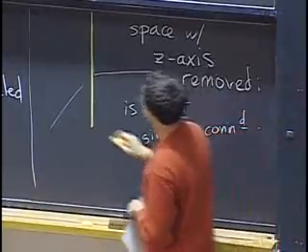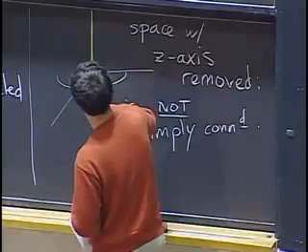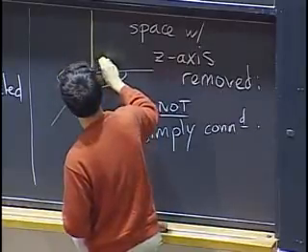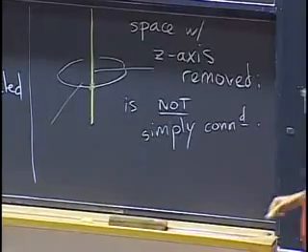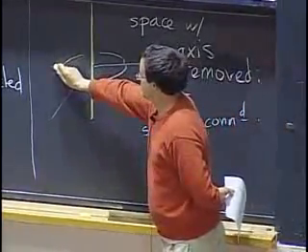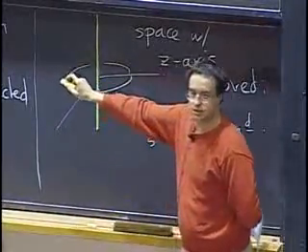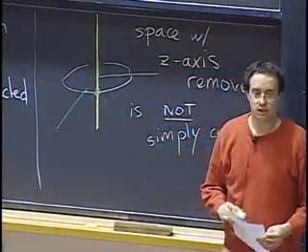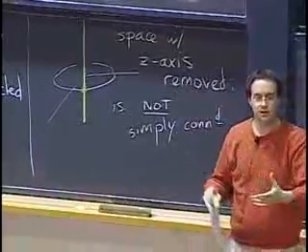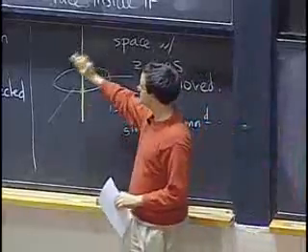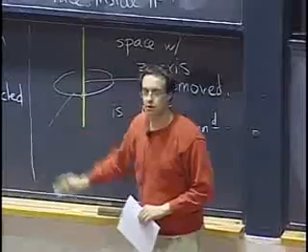The reason is, if I look again at the unit circle in the xy plane, and I try to find a surface whose boundary is this circle, it has to actually cross the z-axis somewhere. There's no way that I can find a surface whose only boundary is this curve, which doesn't hit the z-axis anywhere.